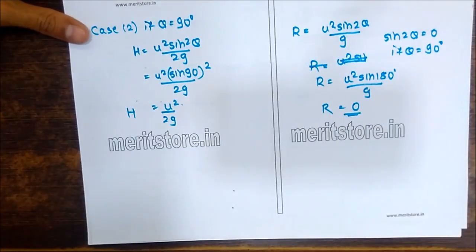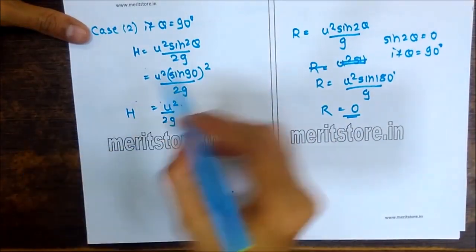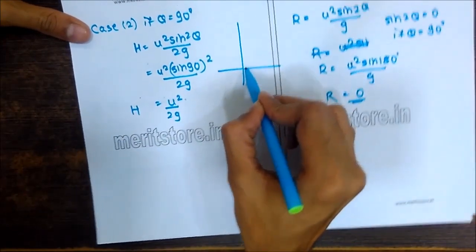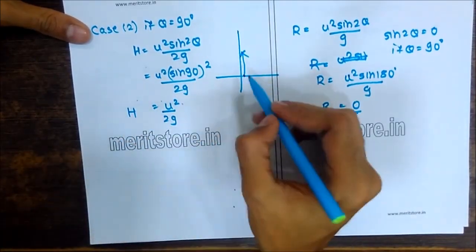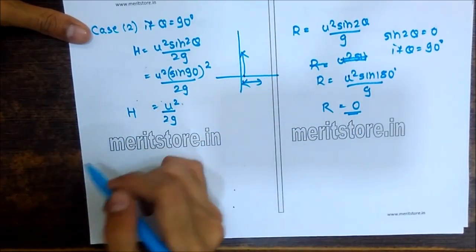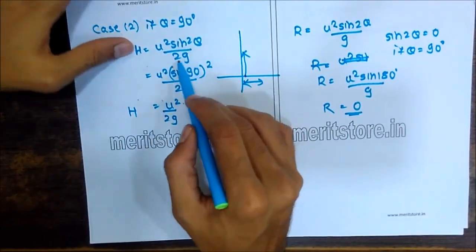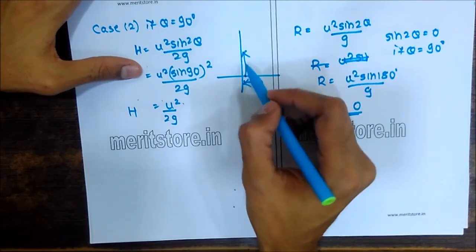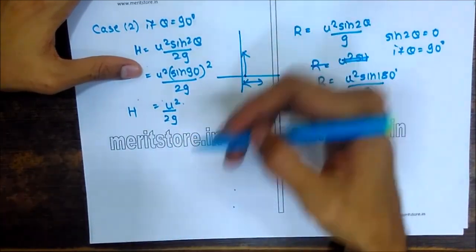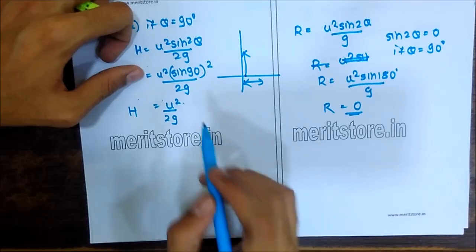In the second case, we have theta equals 90 degrees. What if the projectile is thrown along this direction? Will there be any horizontal range? No, it should be 0. So let's see. H will be equal to u square sin square theta upon 2g, and the vertical range will be your displacement, the maximum height will be maximum.